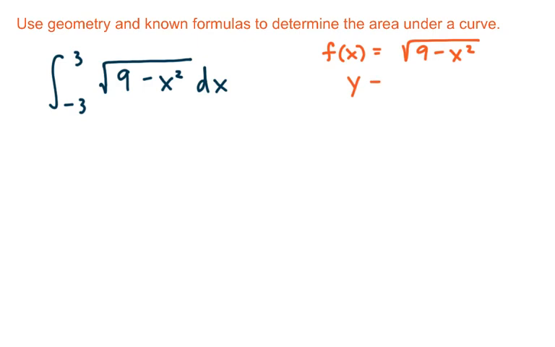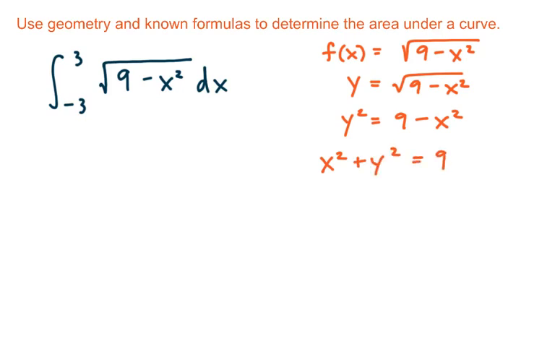Well, that's like y is the square root of 9 minus x squared, or y squared equals 9 minus x squared, or rather x squared plus y squared equals 9. So this function represents a circle, albeit the top half of a circle because it's positive, the square root, but that's a circle of radius 3.